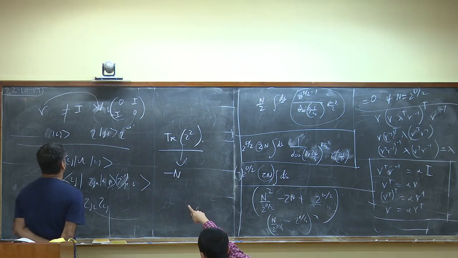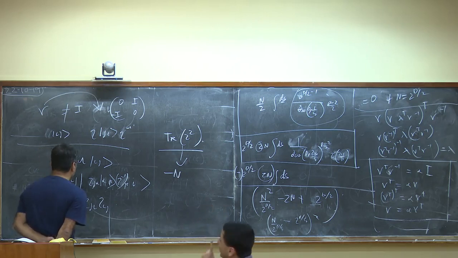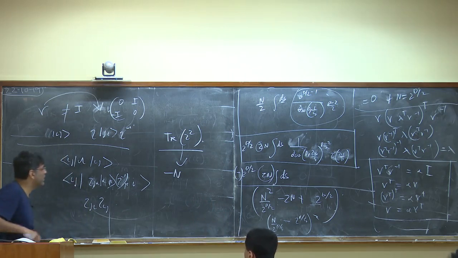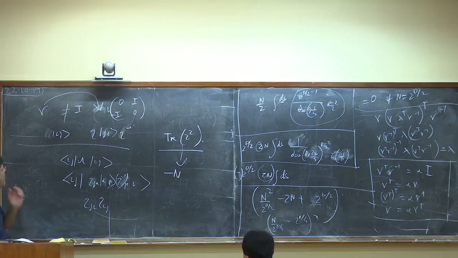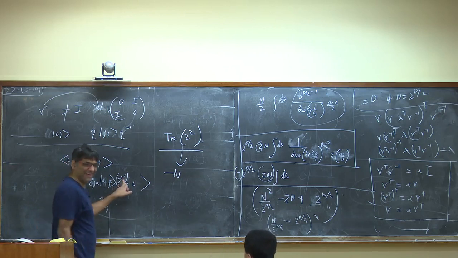So eta square should be 1. What about the i? Including the i, it's like sigma. Give me a minute. I don't see why. But you have, see, there's this eta inverse, right?